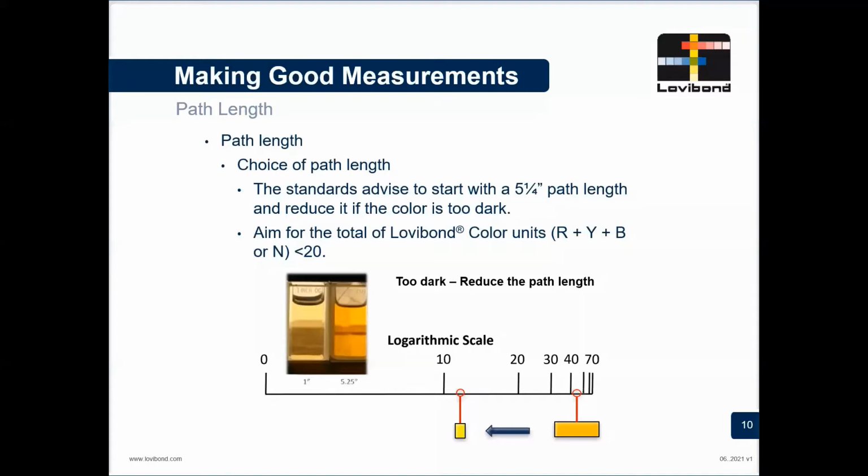So what we should do is aim for the total of our red and our yellow and our blue or our neutral values to be less than about 20 units in total. This means that when I'm measuring the same sample, I've moved down to a 1 inch cell. I'm operating around about 12 in my yellow value, which means that any variation I'm going to get is maybe 1.5 units either side of my measurement point.